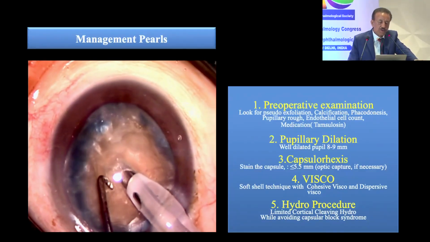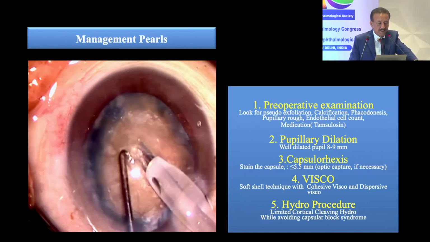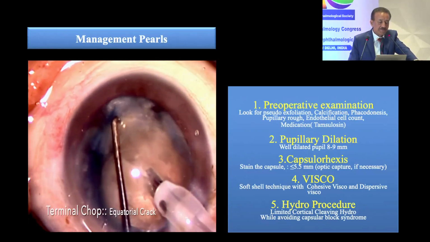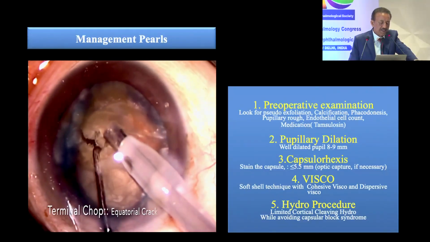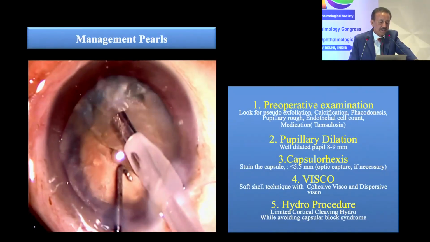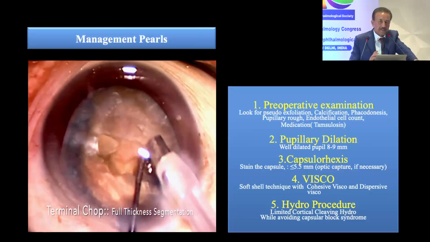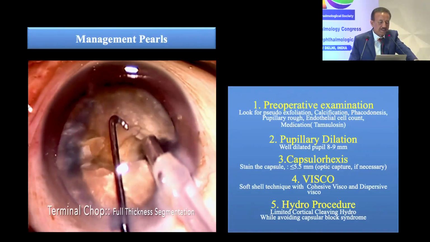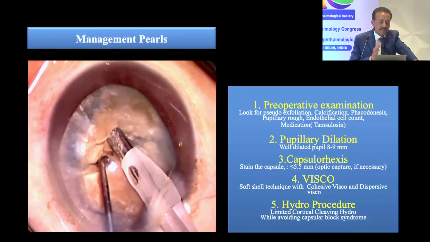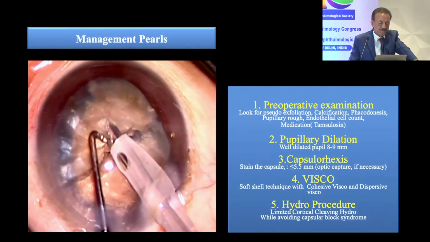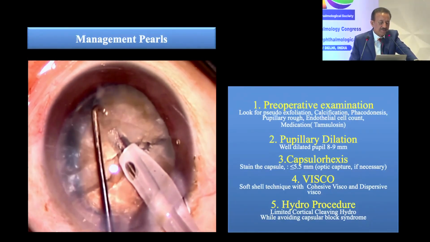What I'm going to show here is the terminator chop technique, which is very simple and very effective in these hard cataracts. As you can see here, because I'm trying to crack the nucleus from the equator, this is how you get a complete division of the nucleus into two pieces, without too much manipulation. Then you can hold the first segment and divide it further.